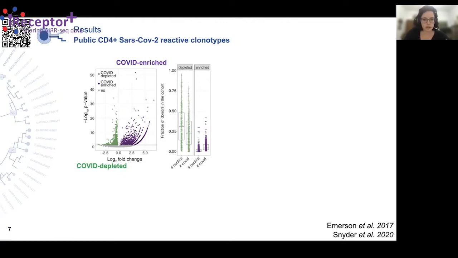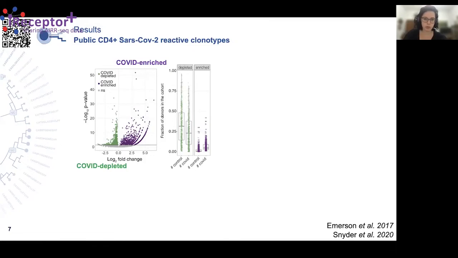Then among these COVID enriched and depleted, we retained the ones that are found in the single cell dataset. So for these ones, we now have the alpha and the beta chain. It's interesting to notice that we retained just the public ones.